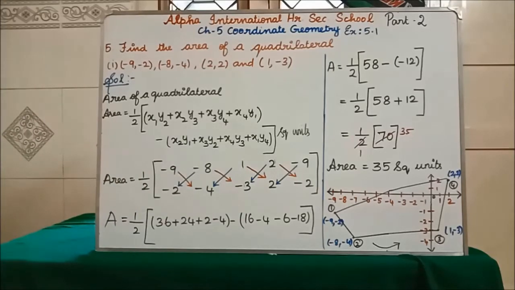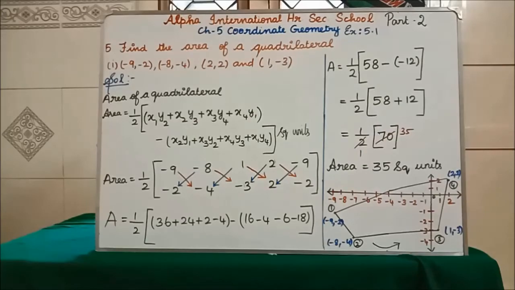We will get minus 12. Here I have written minus 12. In this, minus will become plus, so you will get plus 12. 58 plus 12 is 70. So if you cancel 2, you will get 35 square units. Now the area of the quadrilateral is what? 35 square units. In this fifth question, you have another subdivision that you are going to do as homework.